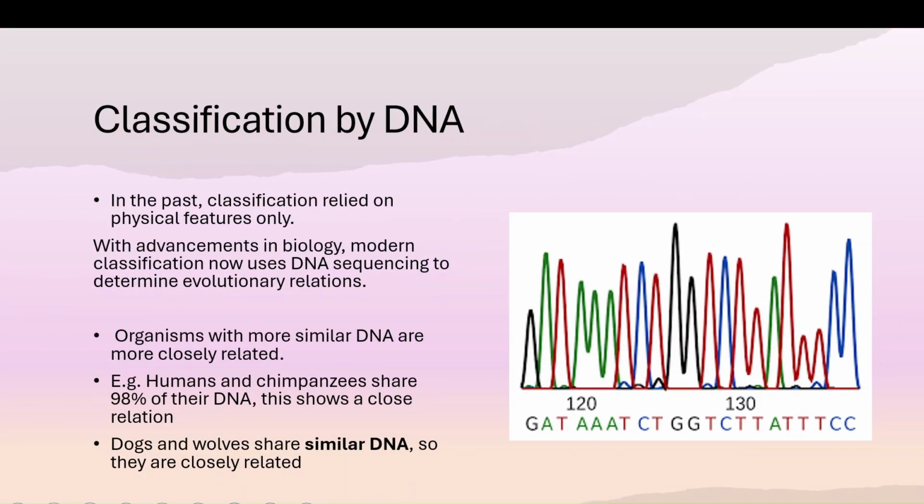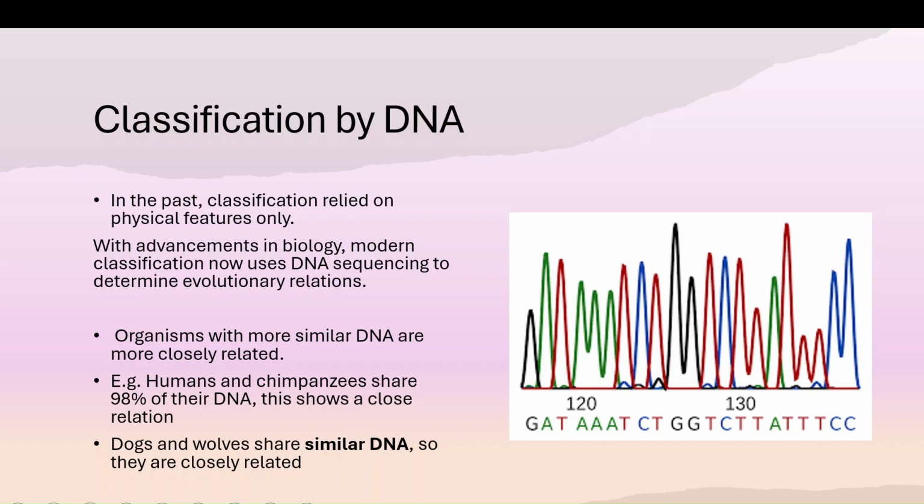In the past, scientists mainly relied on physical features to classify organisms, like their shape, the number of legs they have, or their color. But today, with advancements in biology, modern classification now uses DNA sequencing to determine the evolutionary relationships. So what is DNA?